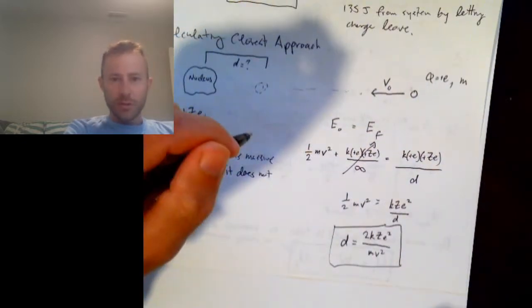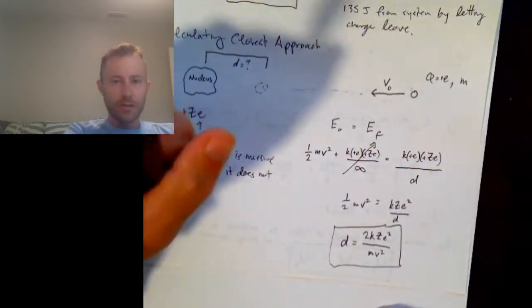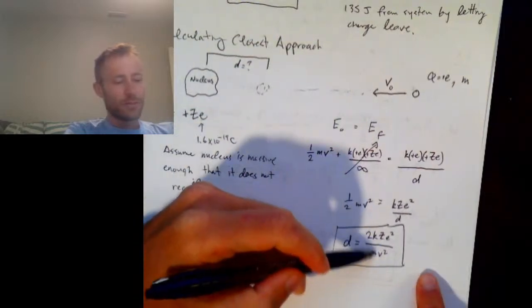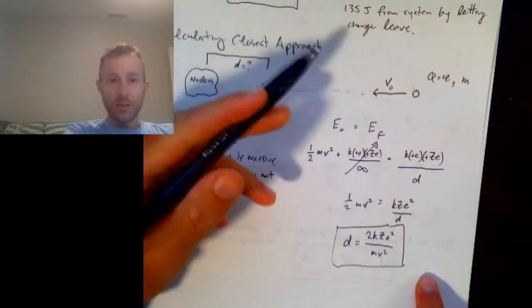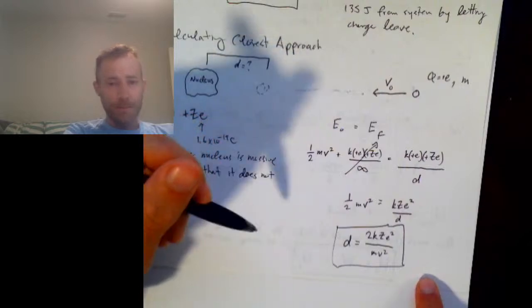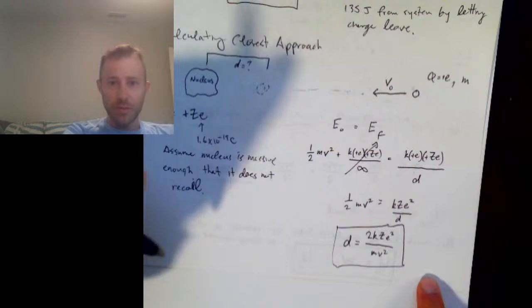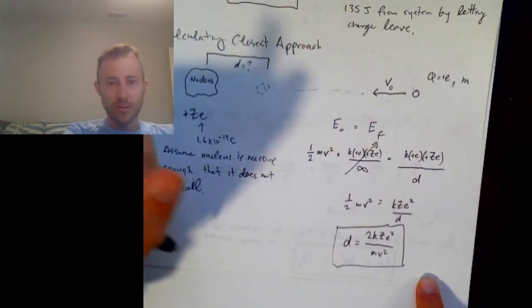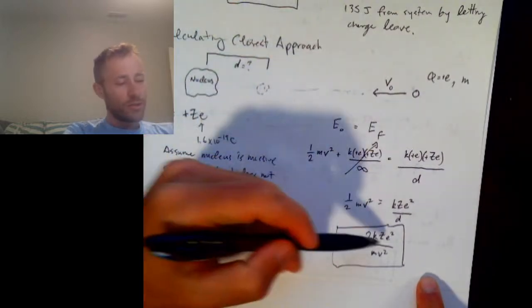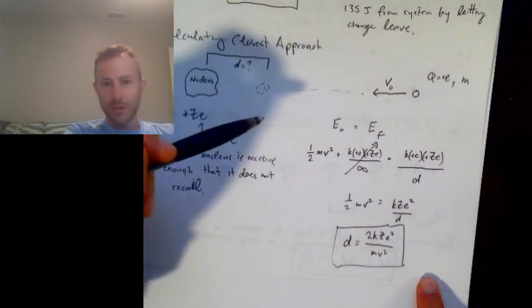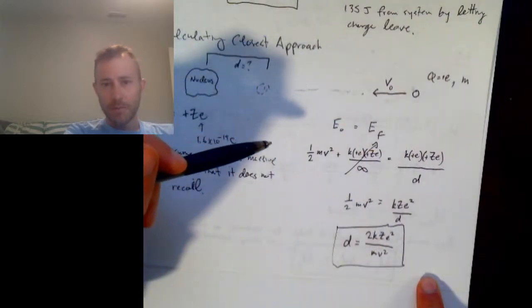So I think this equation makes a lot of sense because what it says is that the faster the charge approaches, the closer it's going to be able to get. The more massive the approaching charge is, the closer it's going to be able to get. That all makes sense. The more charge the nucleus has, the further away it's going to go. All right? That makes sense.